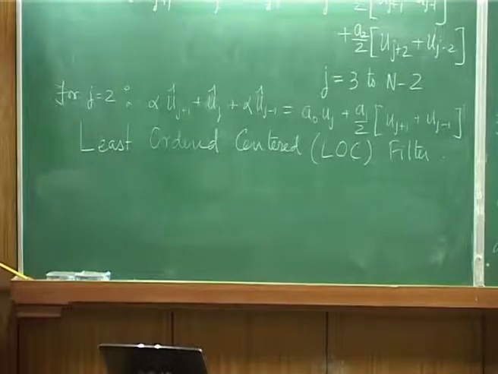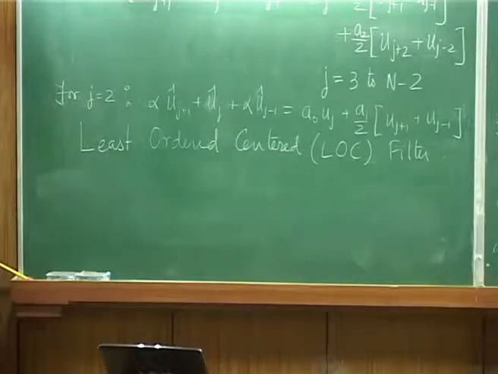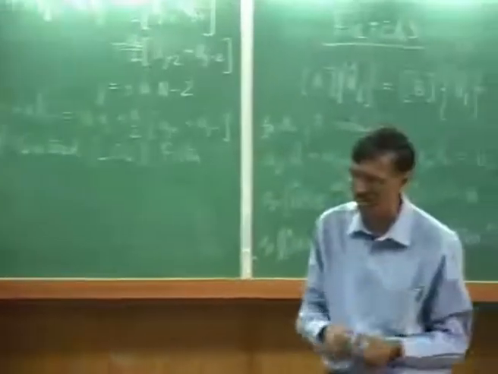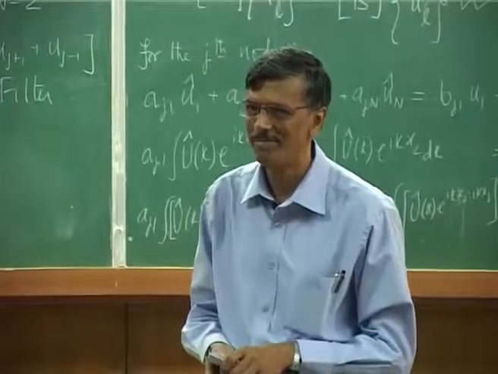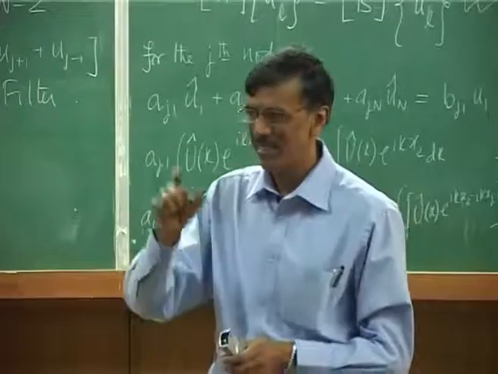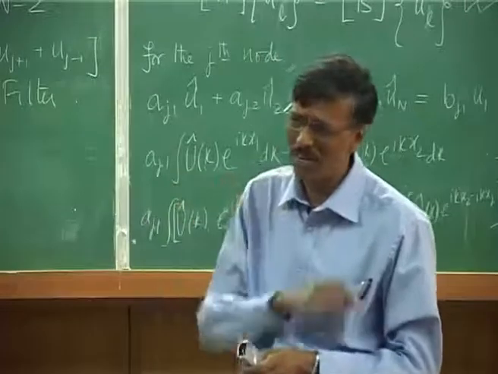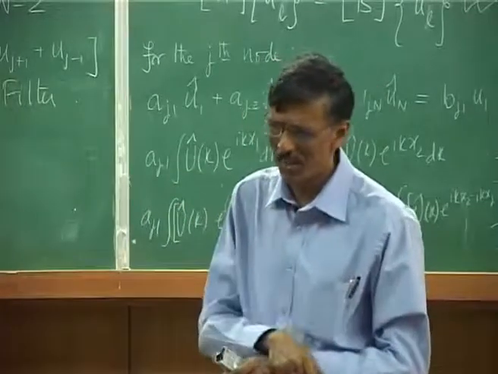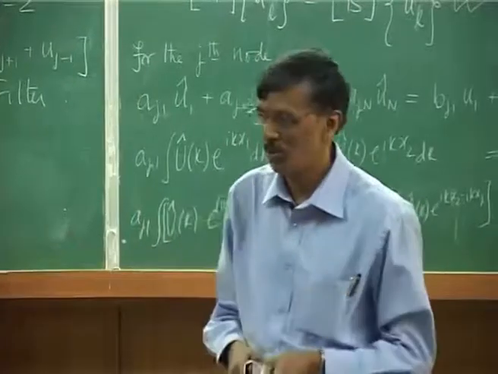Why are we so particular about the central stencil? I think any one of you would be able to tell me. If I do not have a centered stencil, what other options can I have? I can have a one sided one. If I use a one sided filter, what will happen? You have seen the Taylor series expansion for the second order filter. We always had second derivative, fourth derivative, and so on. The moment we do a one sided filter, we are going to get also those odd terms. And what would those odd terms do?